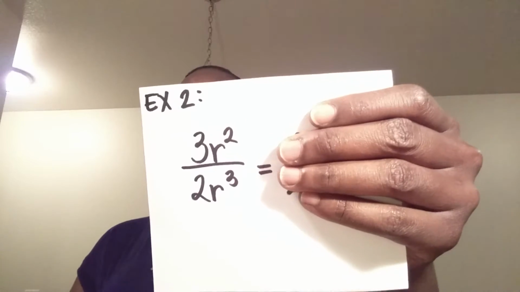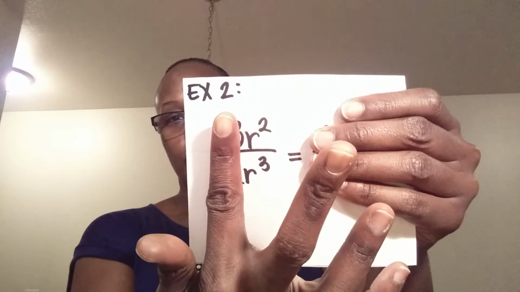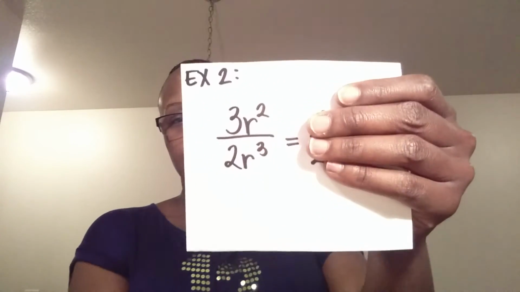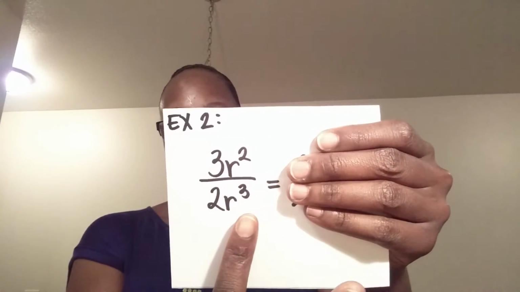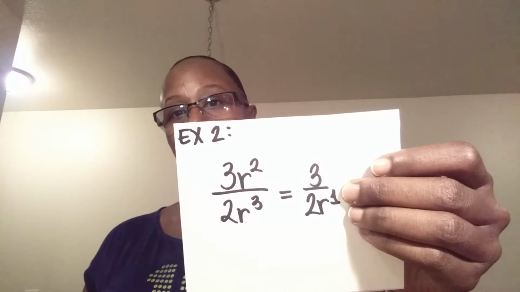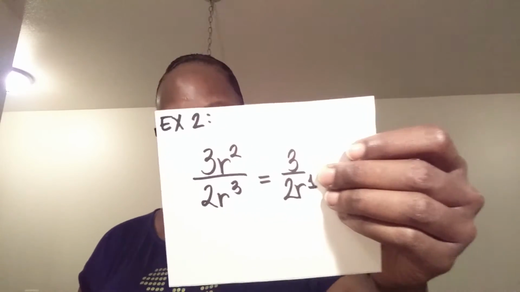And all you do in this situation again, break it down into two separate multiplication fractions. 3/2 times r squared over r cubed. And then that'll equal 3 over 2r.